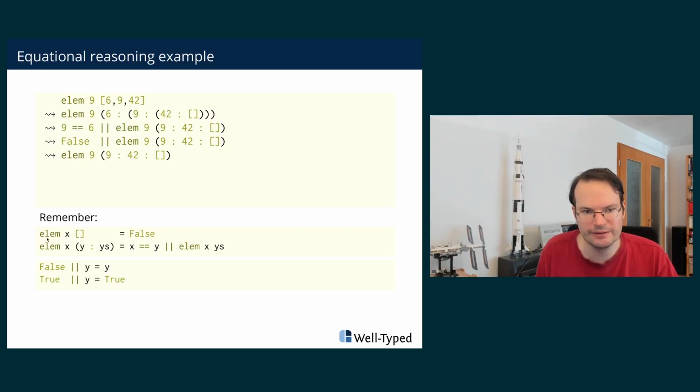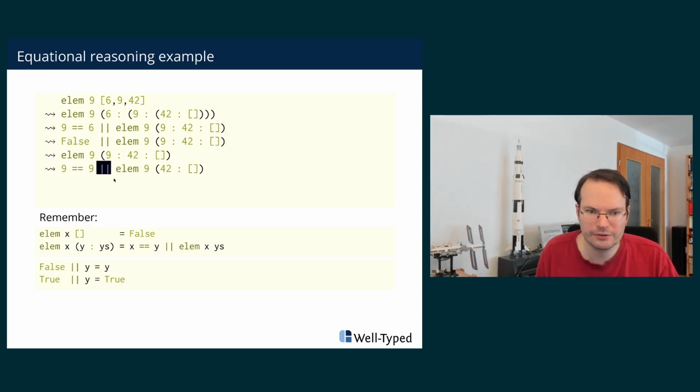So we look at the definition of elem again. Again, the first case does not match because the list is not yet empty, right? The second case does match. X is still 9, but y is now also 9, and ys is 42 cons the empty list. Okay? And then we replace the left-hand side with the right-hand side again, and we get this.